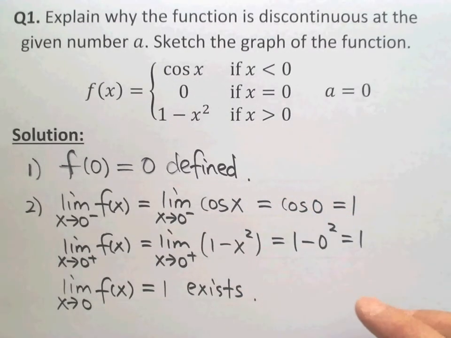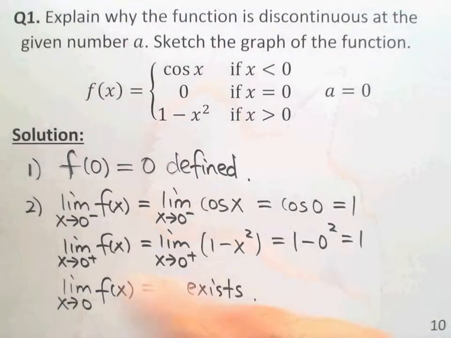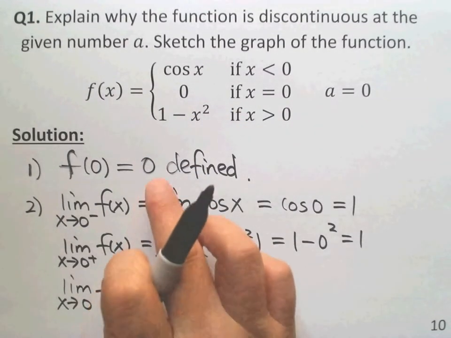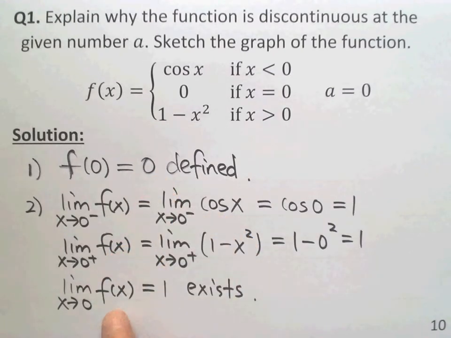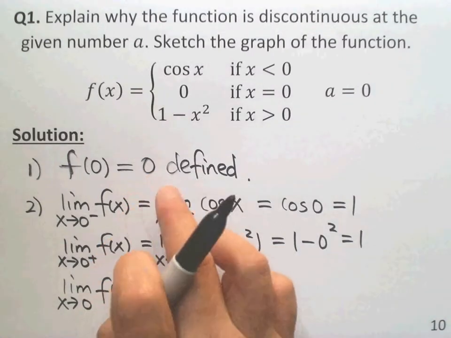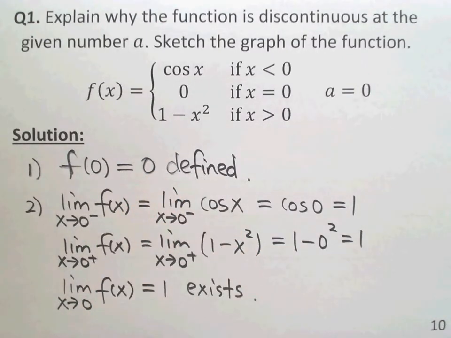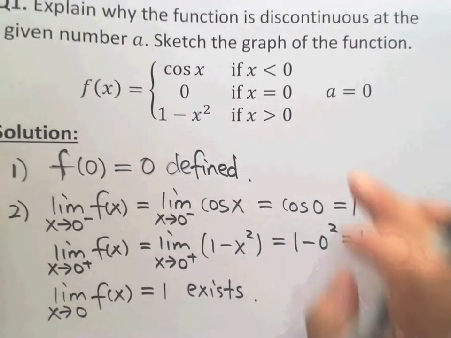The second condition, the limit exists, is satisfied. Now we move to the third. Does this limit equal the value of the function? 1 equals 0? No, 1 does not equal 0. Which means the third condition does not satisfy, which means discontinuous this time.